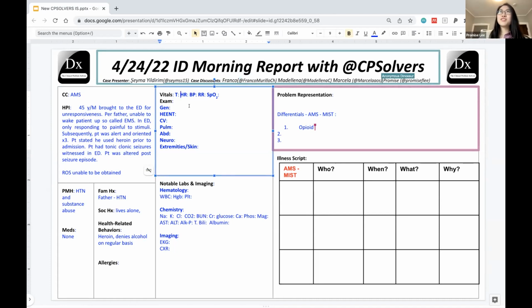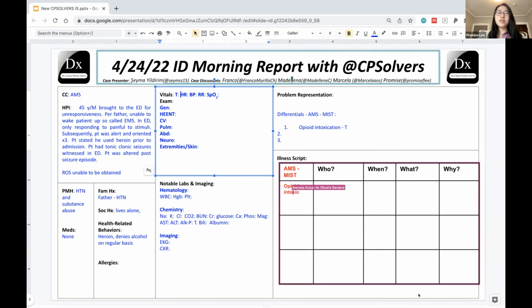Yeah, thank you so much for the great discussion, Franco. That's a lot of things that I was also thinking about. So with regards to the seizure, I think we have to first identify if this was a true generalized tonic-clonic seizure or not. Some of the differentials that I'm also thinking of could be a syncope or maybe a psychogenic non-epileptic seizure.